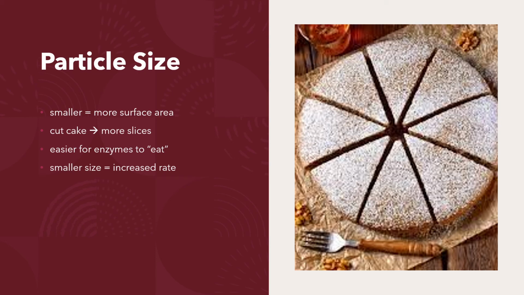The exact physics of this, because that is physics in this part of chemistry, is a bit more complicated, but you don't really need to worry about the nitty-gritty until A level. Just use logic in your own head to visualize a big object being cut into smaller objects, and understand that because you've cut that cake up into smaller pieces, enzymes can eat the cake from different directions, and that will increase the rate of reaction.